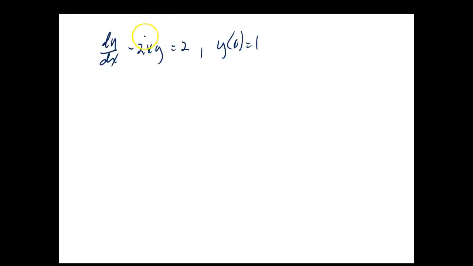Now, what do you identify first? What is your P of x? P of x is equal to minus 2x. You got it. And then what's the next thing you do with that? You integrate negative 2x dx. And what does that give you?